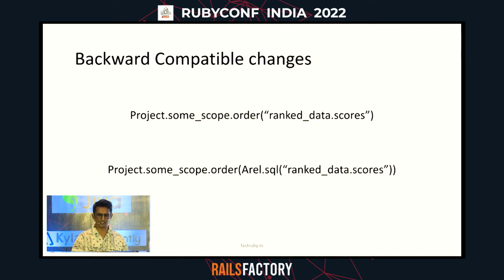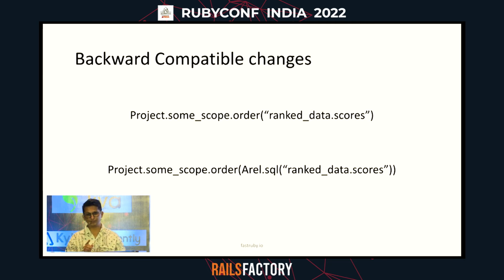It's possible to have SQL injection. To fix this, all you need to do is put your query inside Arel.sql, and it should work. This is a simple change, and this change, Arel.sql, works with Rails 5.2 and works with Rails 6.0. So that means this change is backward compatible.